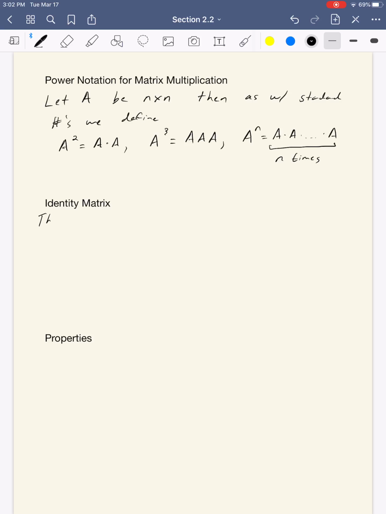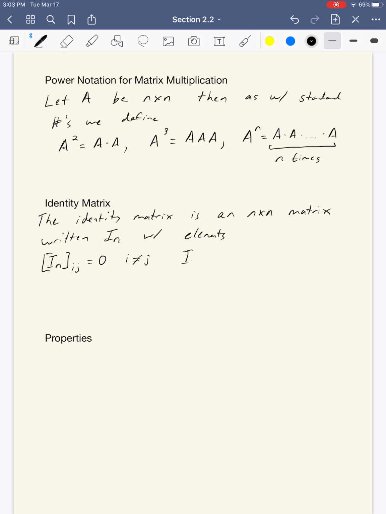The identity matrix is an n by n matrix written I sub n with elements I sub n, ij equals 0 if i is not equal to j, and I sub n, ij equals 1 if i equals j.